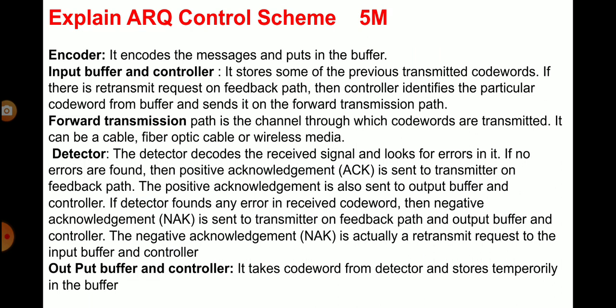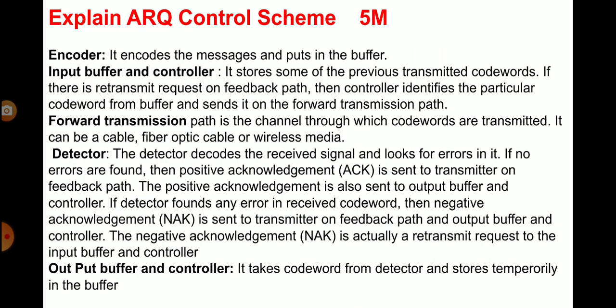Explain ARQ control scheme. 5 marks. Encoder: it encodes the messages and inputs them in the buffer. Input buffer and controller: it stores some of the previously transmitted code words.